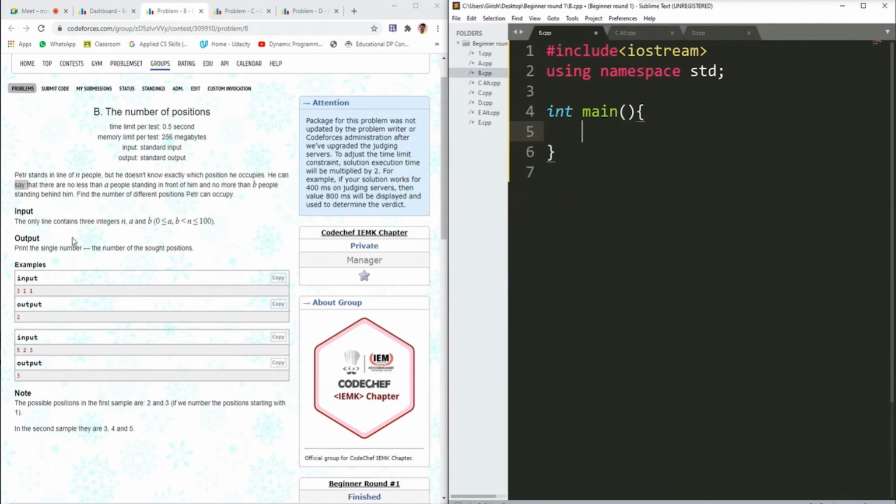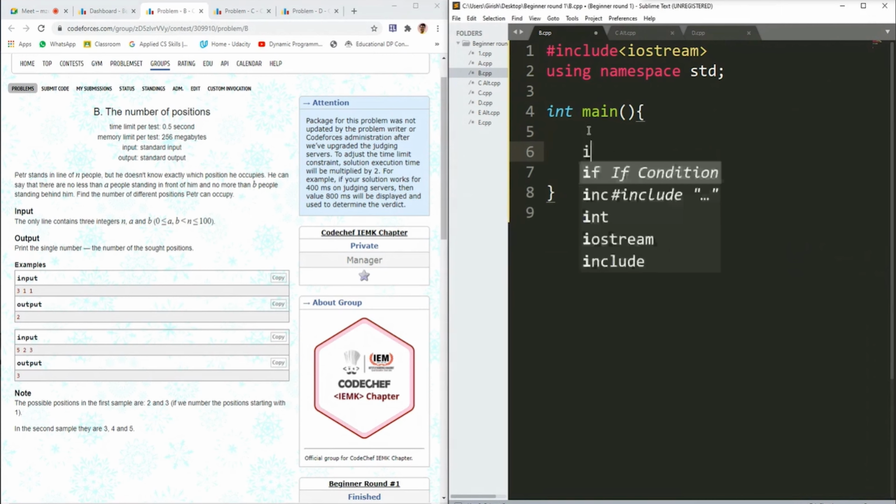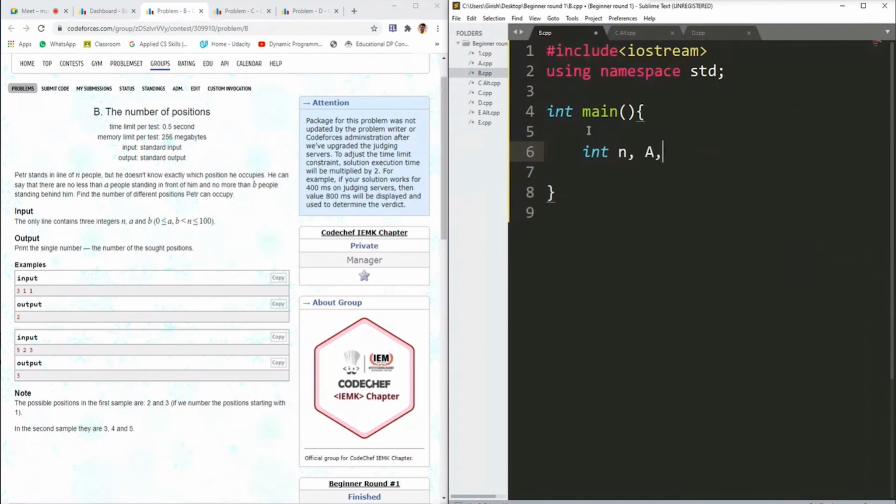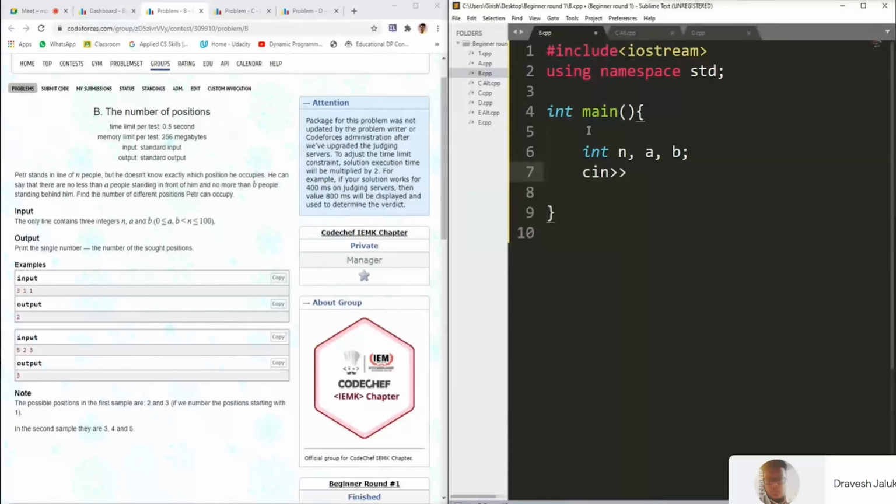and see the input format. The input format states that the only line contains three integers n, a, and b. So I will declare them first, and then I will input all three numbers.